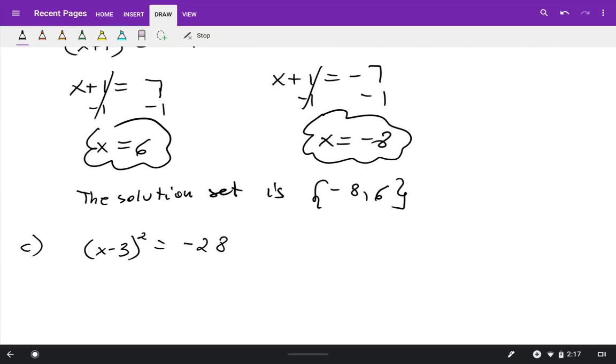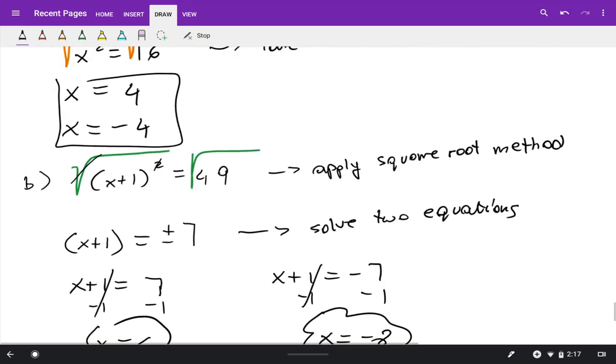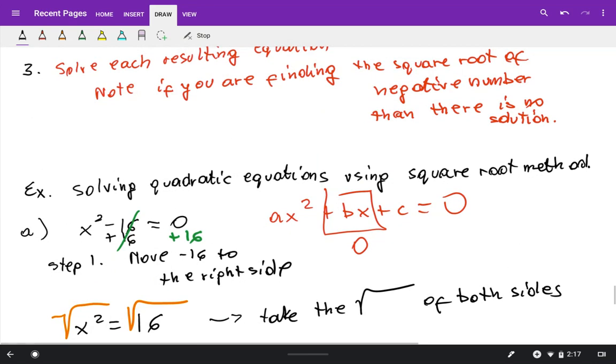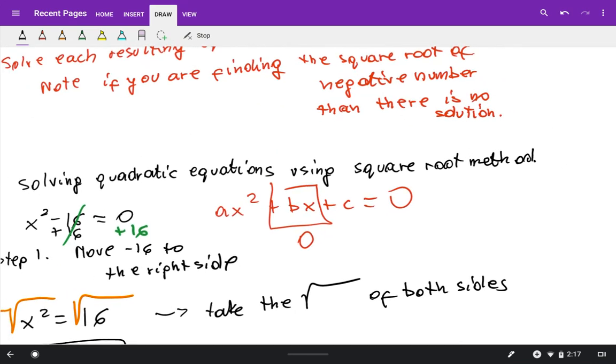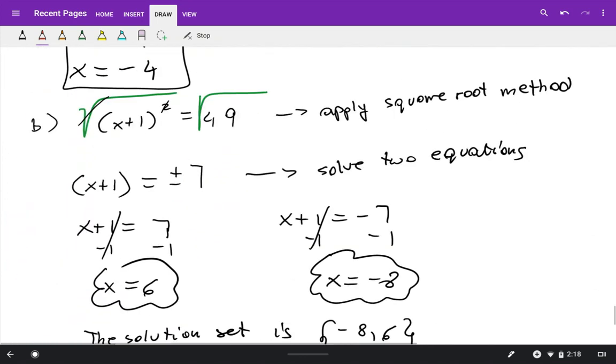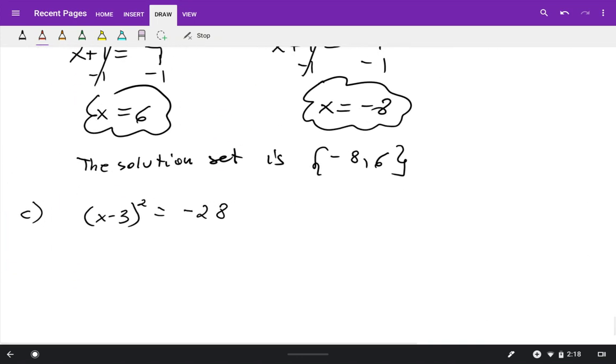Okay, so here again, what we're doing, we're solving a quadratic equation in the real number system. I want to make sure that we are focusing on the real number system, so we're not talking about imaginary numbers.